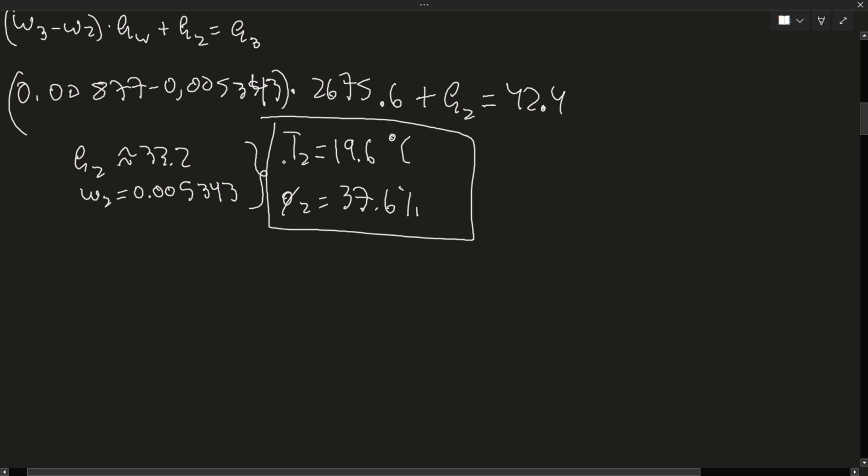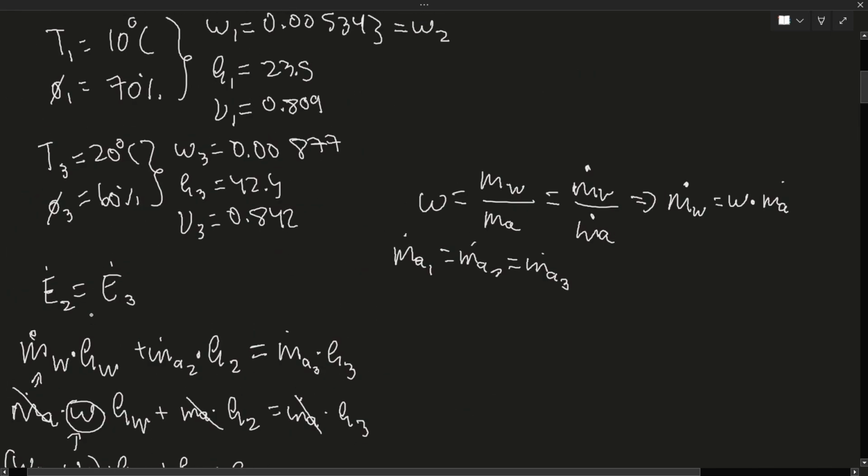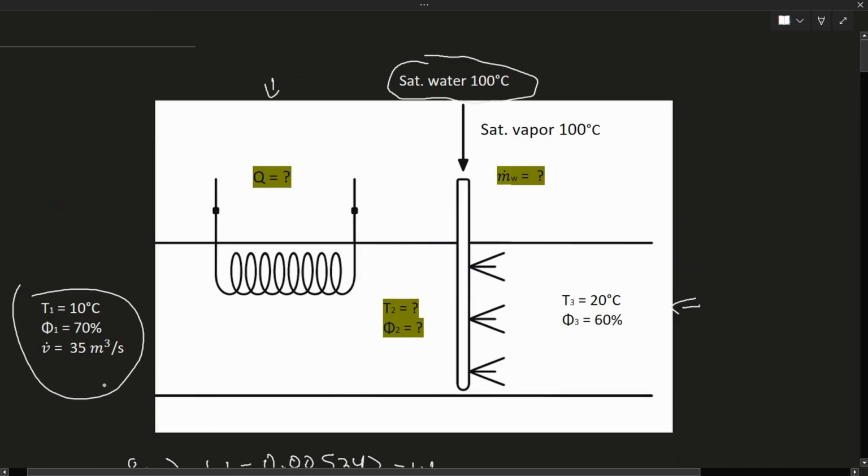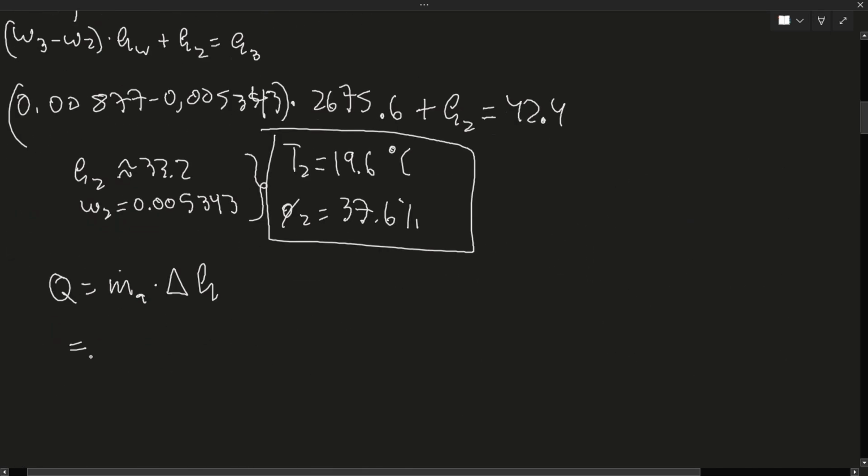That's our first answer. Next, to find the heat being added is just equal to the mass flow rate times delta H, okay? You know this from your cycle problems, okay? So, the question already gives us the volumetric flow rate over here, 35 meters cubed per minute.